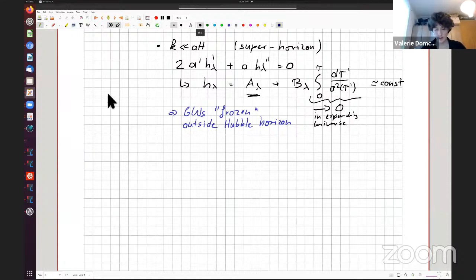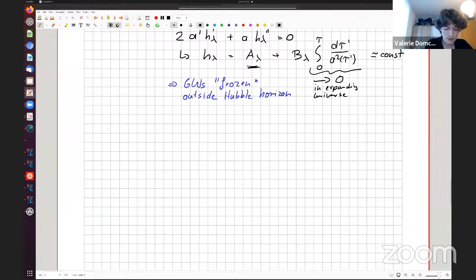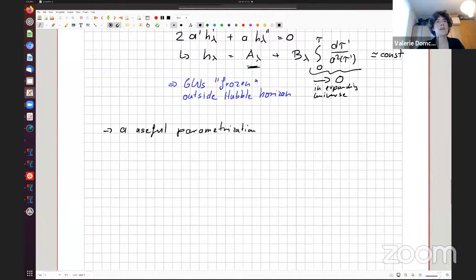Okay, so now we can use this information to essentially write down a useful parametrization for gravitational waves. This is just to make our lives a bit easier. We already understood that Fourier decomposition is very useful because we're working in a linearized theory. So we can do a bit of a more clever Fourier transform.